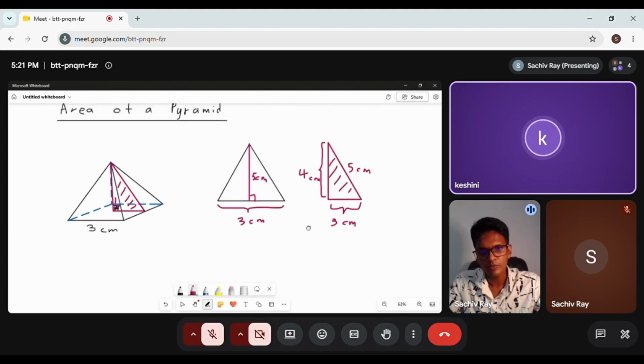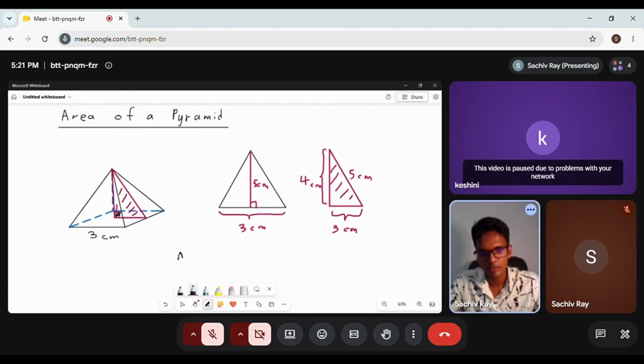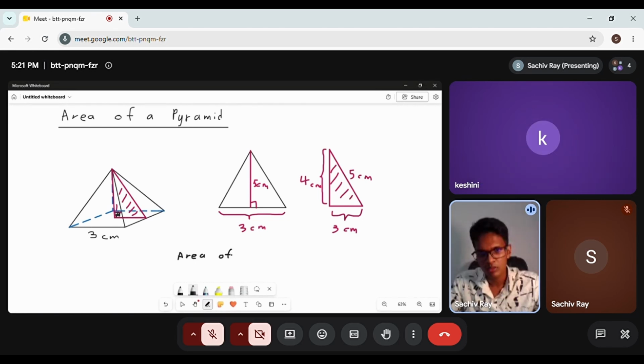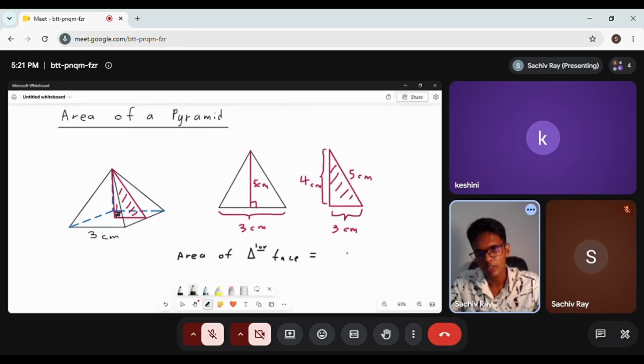Let's write the area of the triangular face. How do we find the area of a triangle?